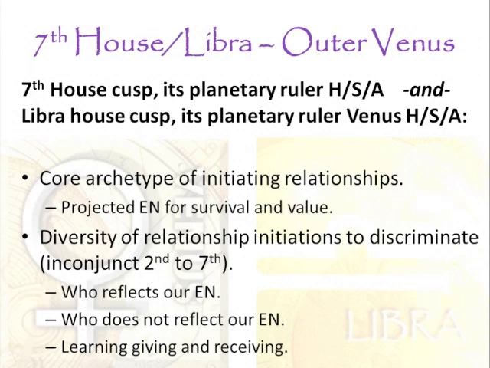And so what we find is, again, 2nd house cusp to 7th is what we call that inconjunct aspect. And that's where that discrimination is not only an archetype of the 7th house, it is also an archetype of the 6th house Virgo Mercury, the inconjunct.